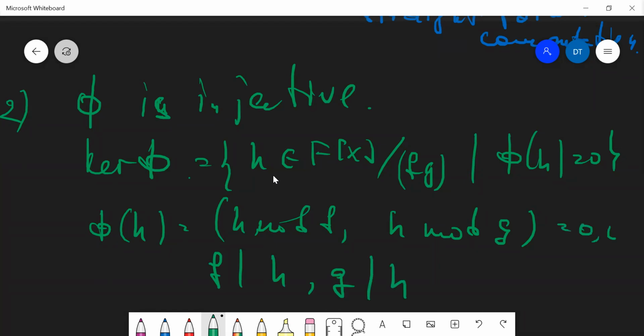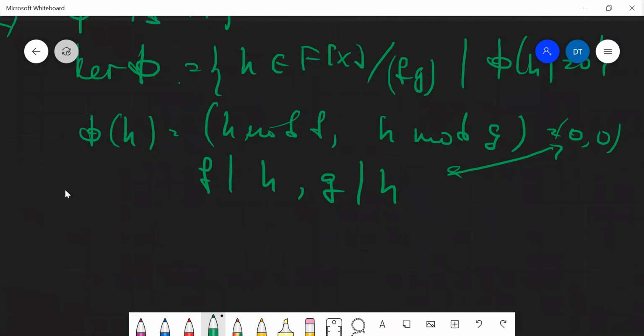So this is 0 if and only if these two conditions hold. But as I already showed you, if f and g are coprime, then the product must divide h. That was the previous claim.